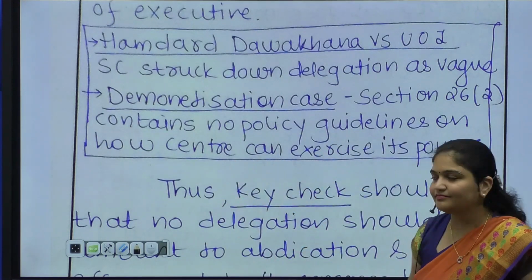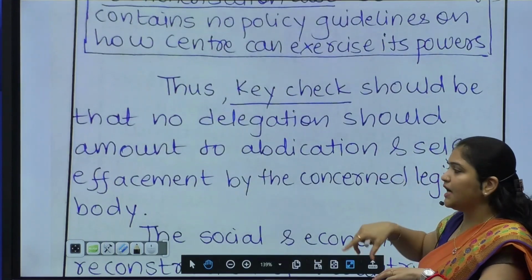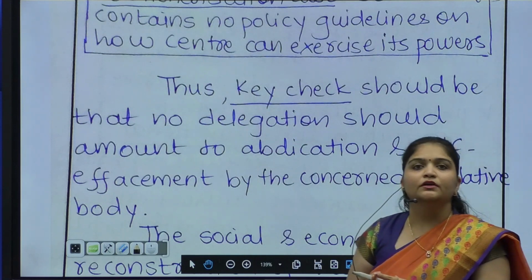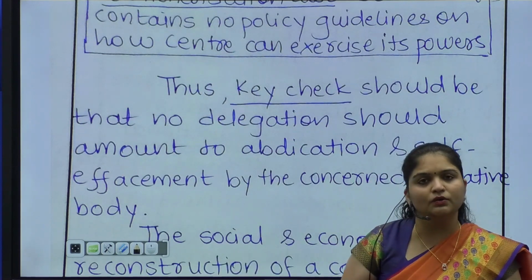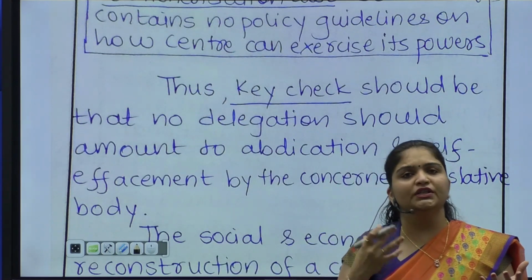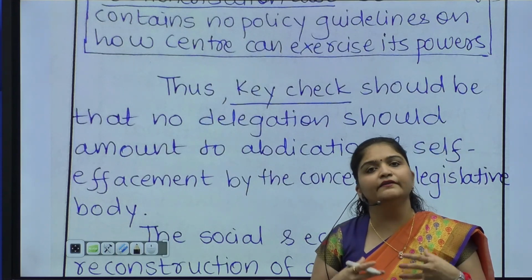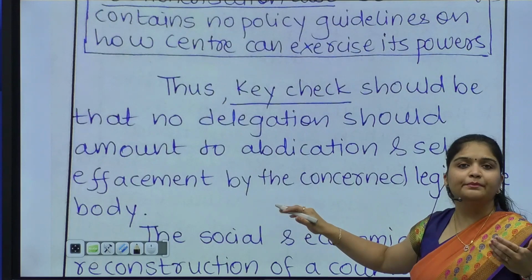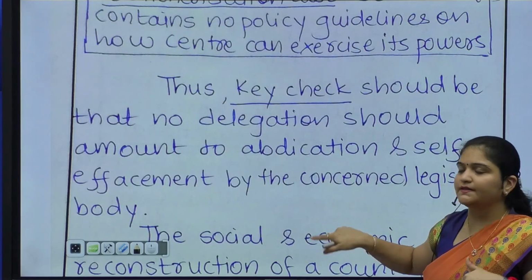And this is how, where we started, that India is a welfare state. We are a democracy also. And in this, the social and economic functions of the state have increased, and that is why delegated legislation occurs.